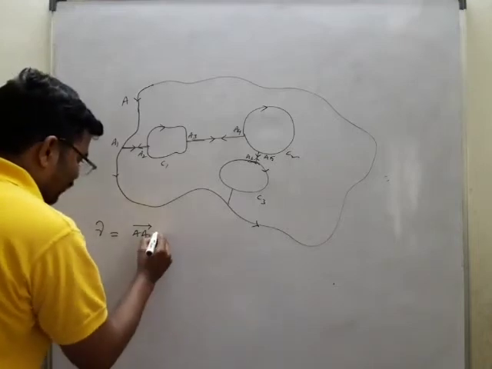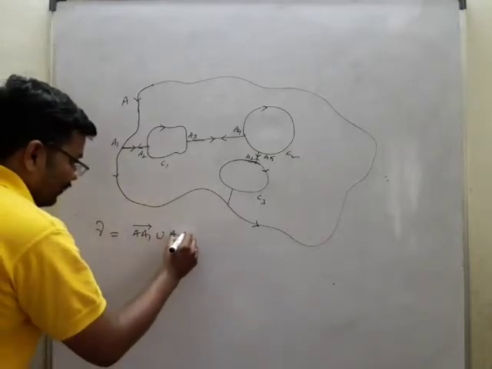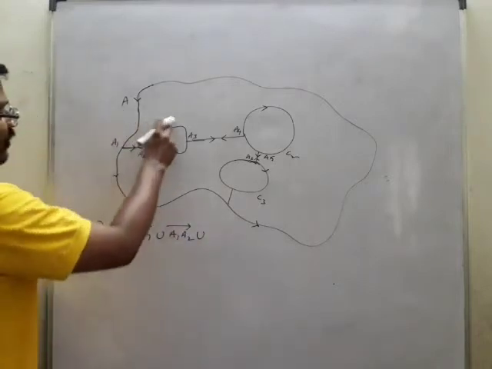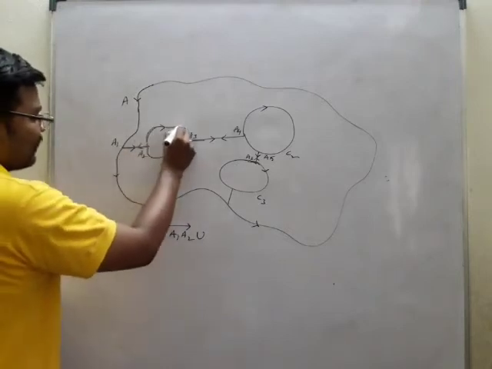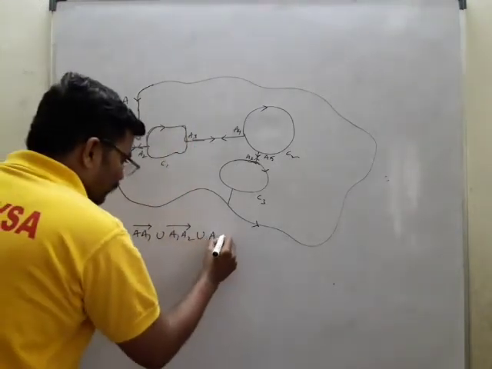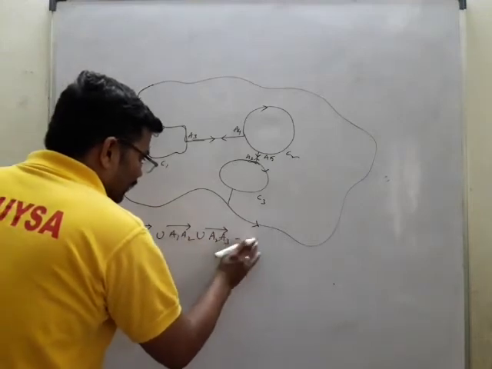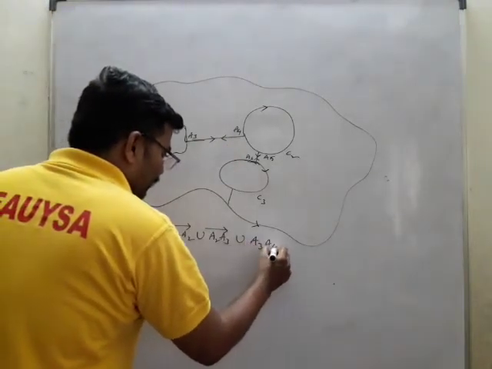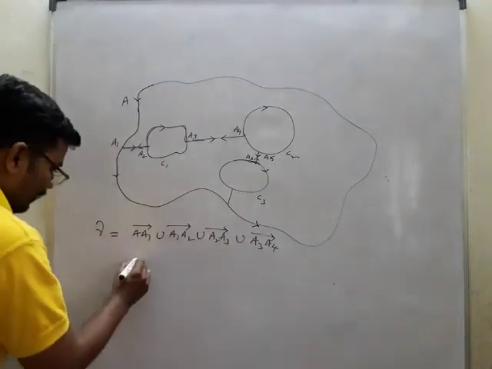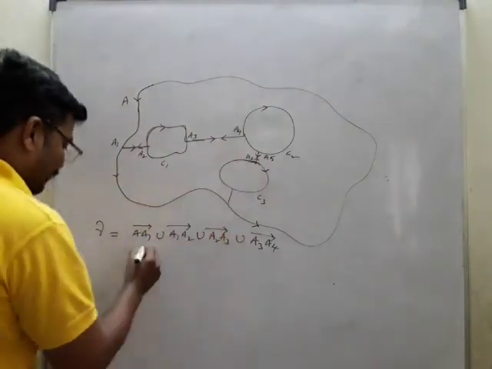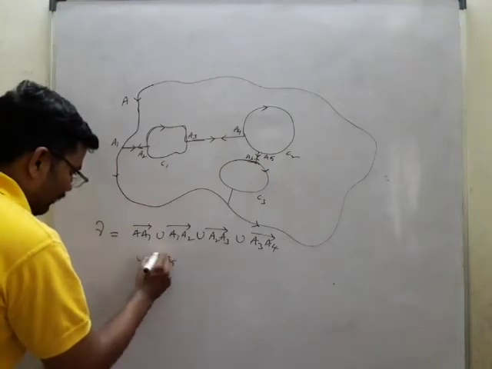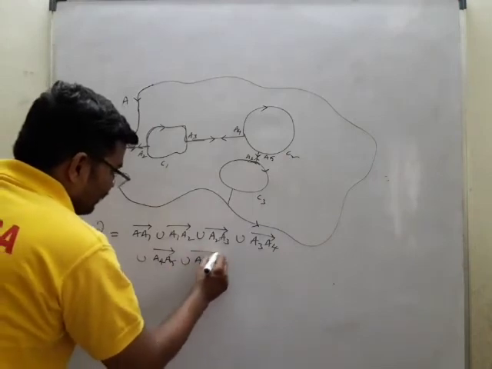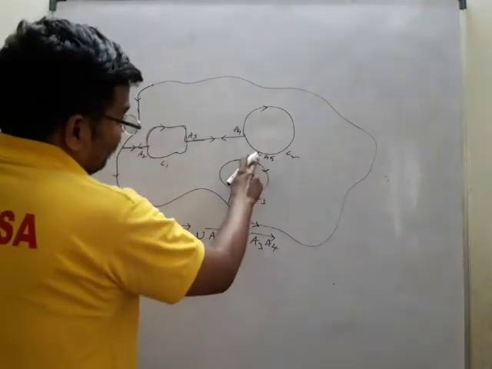Plus, otherwise I may take union A1 to A2, union A2 to A3, union A3 to A4, union A4 to A5, union A5 to A6.